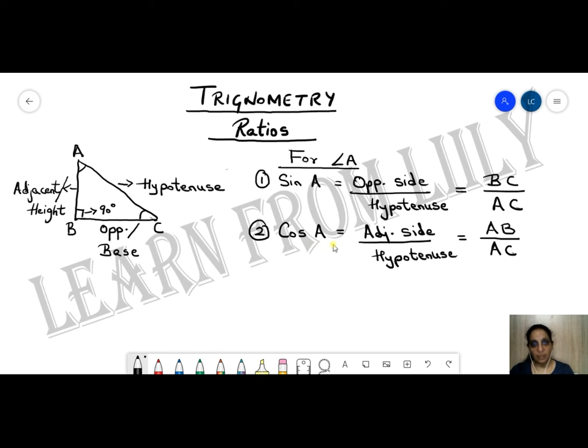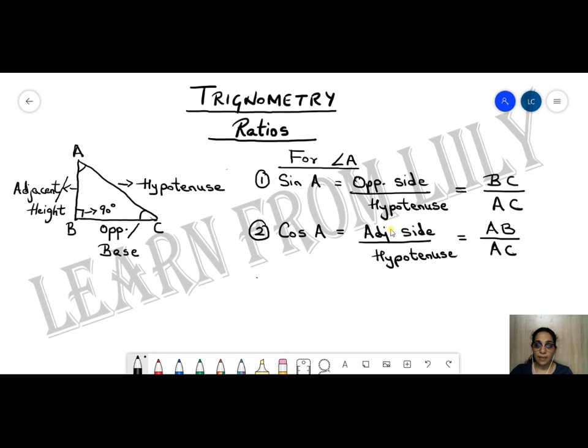For any angle, if you have to find cos, you will take the adjacent side, but the adjacent side other than the hypotenuse, because hypotenuse will also be one of the adjacent sides. So here I am going to take the other adjacent side upon hypotenuse and define it. If you have numbers over here, you will get a ratio for your cos also.